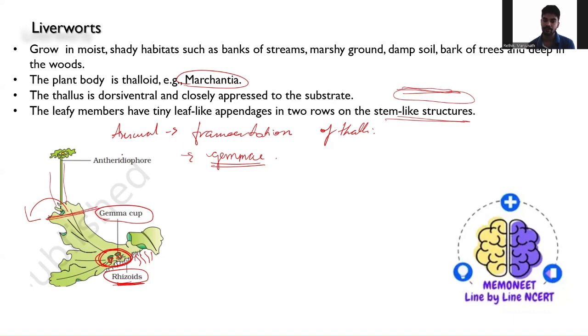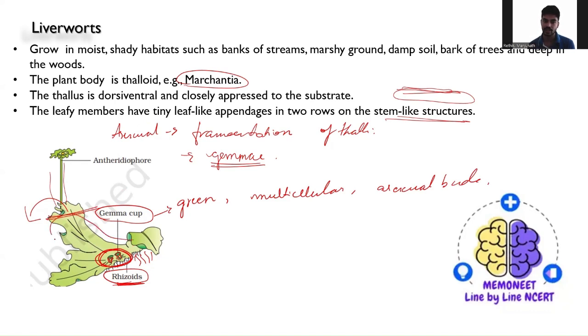Gemma or gemmae are green in color, multicellular in nature, and asexual buds. They later develop into gemma cups, which I have shown you, normally located on the thalli.